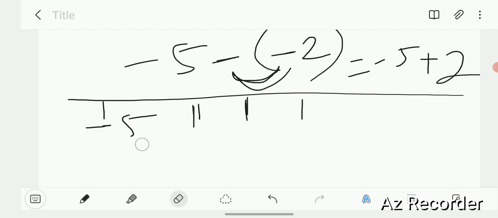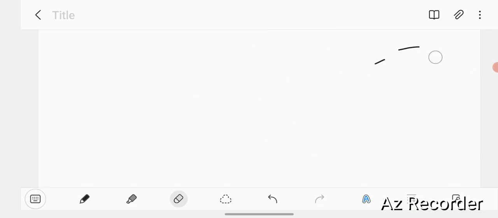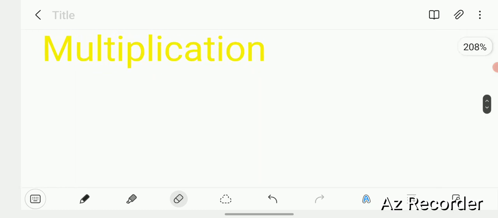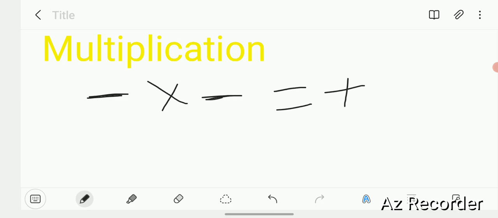Next, we are going to discuss integer multiplication. Okay, here you should understand one pure formula. What is that? When you multiply minus into minus, then the answer is always plus.